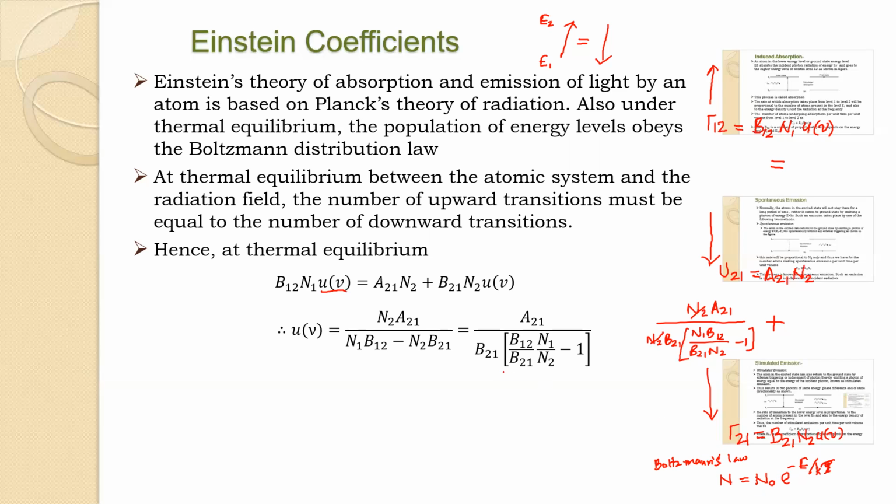Using Boltzmann law, N is equal to N0 e raised to minus E divided by KT. Here N is the number of atoms in the energy level E. So we can obtain an expression for N1. What will be the expression for N1?